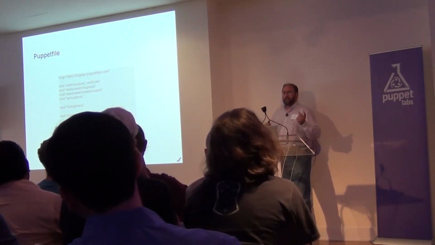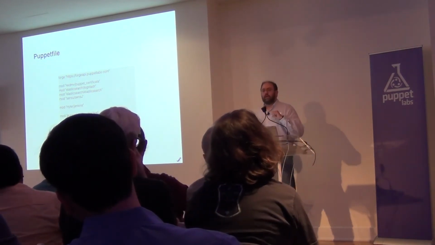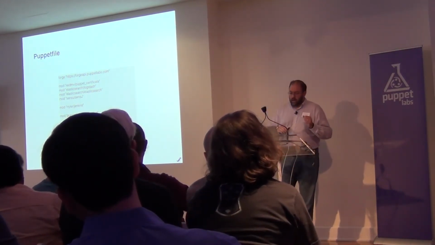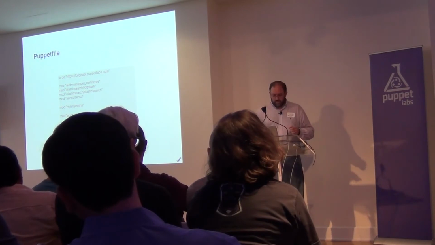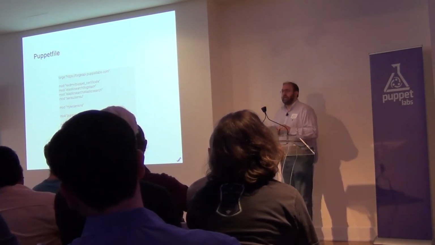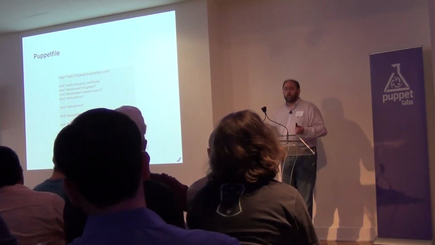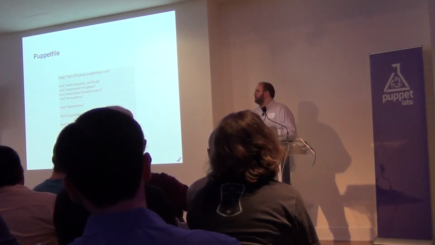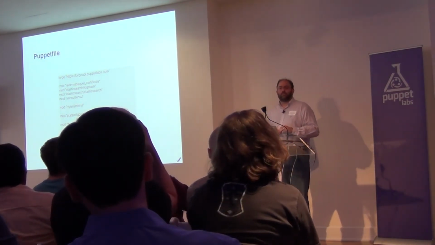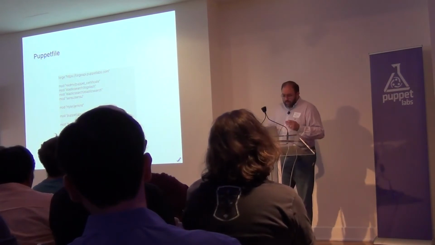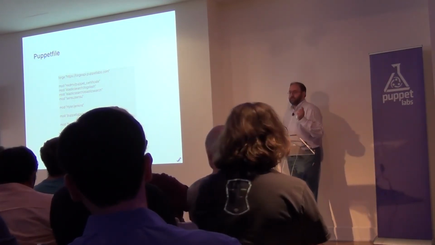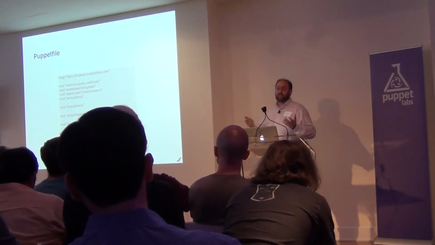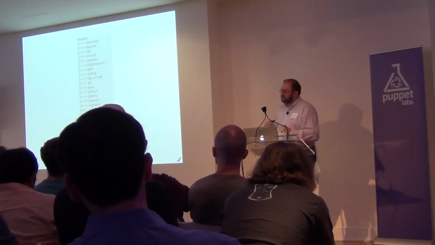This is what a Puppet file looks like. This is actually the Puppet file that would build all the code you need for this talk. It's very similar, like Sheila said, to Bundler. Actually, if you look at this, you can pretty much see the lineage here. When run by just using librarian-puppet install, this generates this.